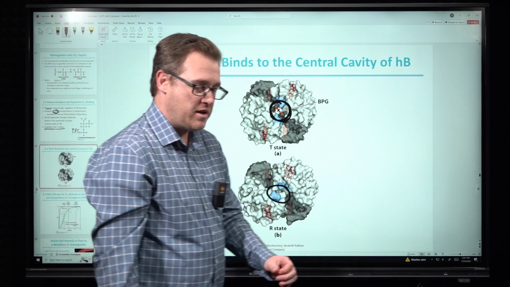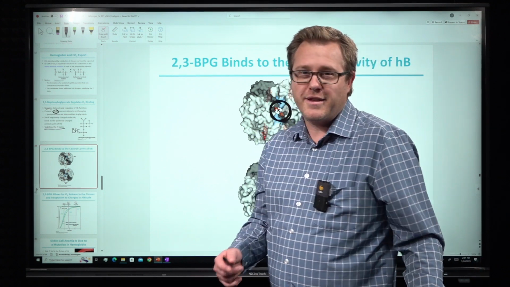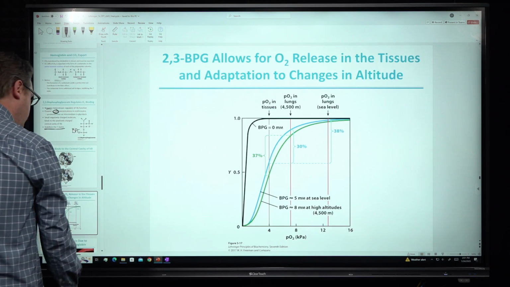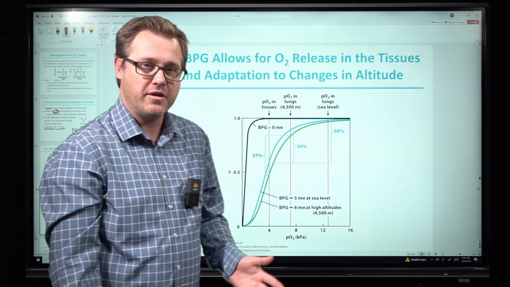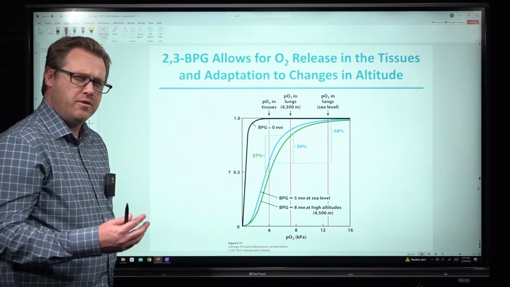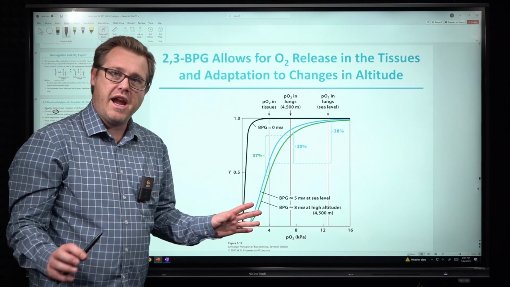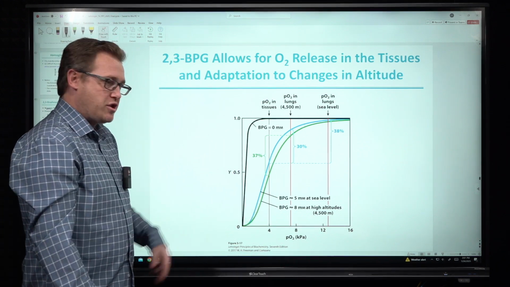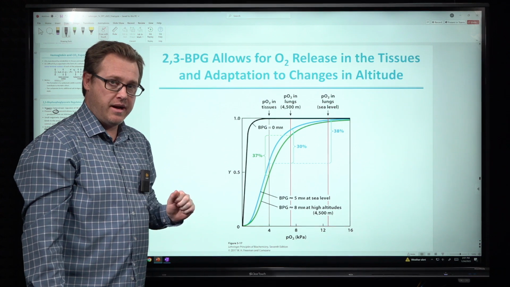So what I want to talk about next is why this is so cool. There's a couple things that we're going to talk about with this molecule that make it really cool to me and very, very interesting. So let's set the stage for this graphic here. You see that there's three curves. We have a black one, a blue one, and a green one.